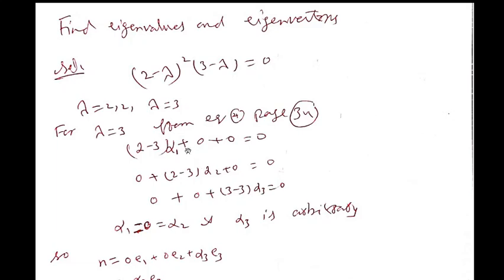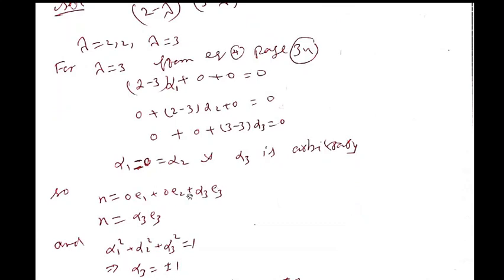Now from the first equation alpha 1 is 0, from the second equation alpha 2 is 0, and from the third equation alpha 3 is arbitrary, because the third equation gives us 0 into alpha 3 equals 0. So this equation will be satisfied for any value of alpha 3, because it is multiplied by 0. So alpha 3 is arbitrary.